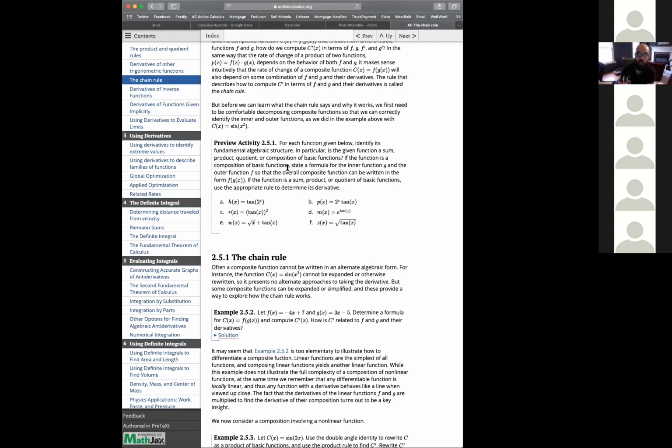And if it's not function composition, we're going to go ahead and take the derivative and see what we can do. So if you can take the derivative, you should do that. And if you can't, meaning we don't have quotient or chain rule yet, then if it's a composite function, you should identify what the inside function and the outside function are.